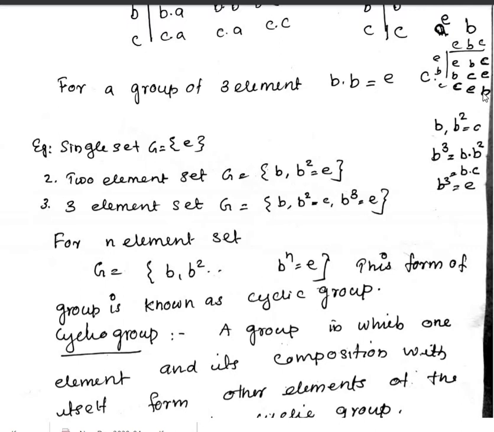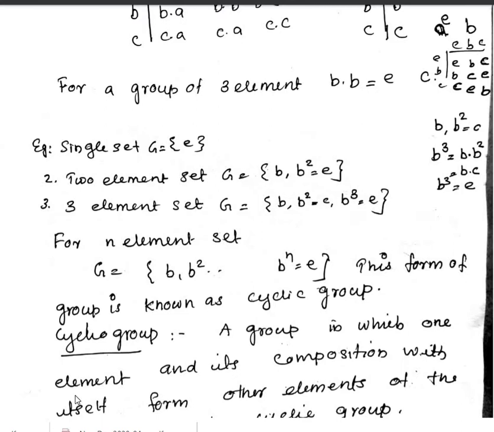B dot C is nothing but E. So we get B cube is equal to E. So the identity element is generated by this element B. That is, when combined thrice, we get the identity element. So all the elements of this group are generated by B.